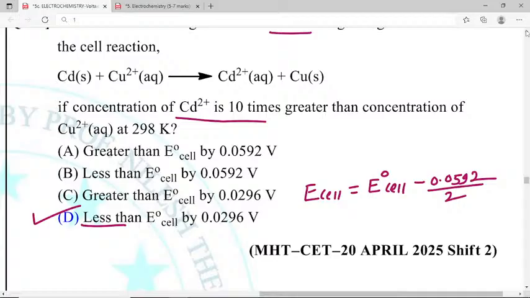But it is less than that, it decreases. Yes, very good.